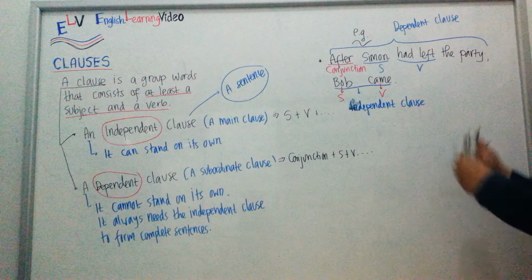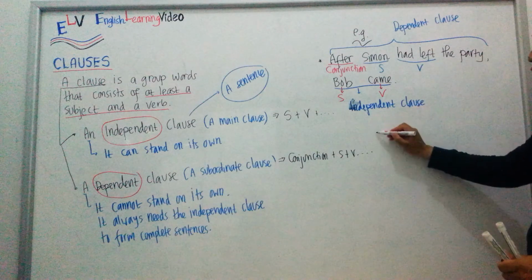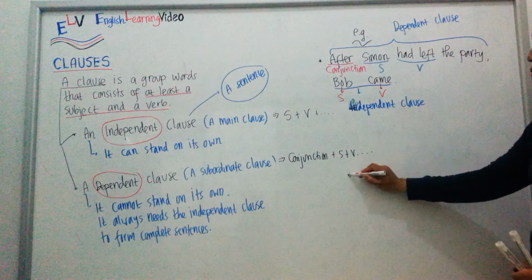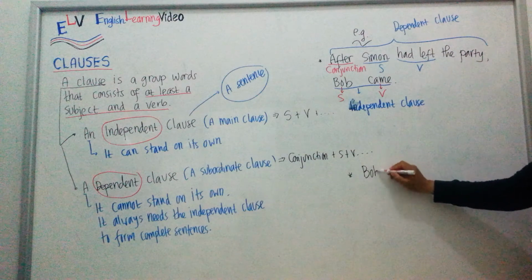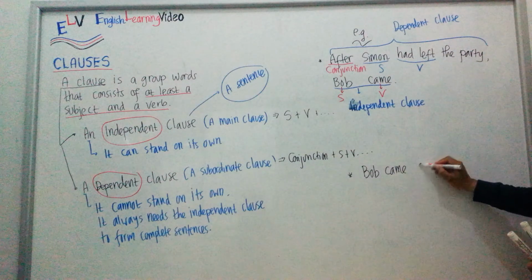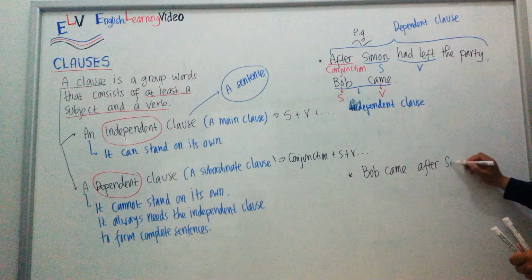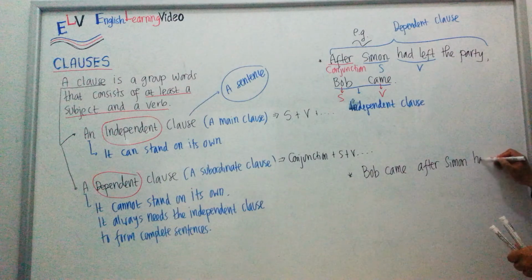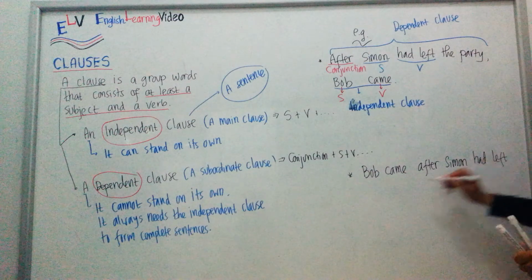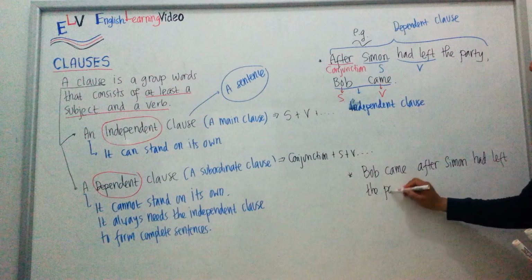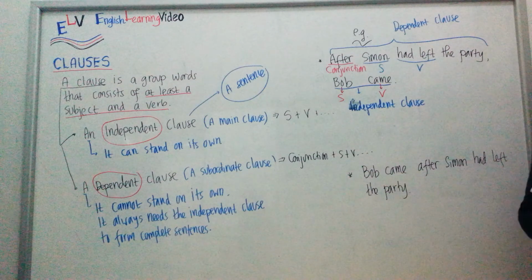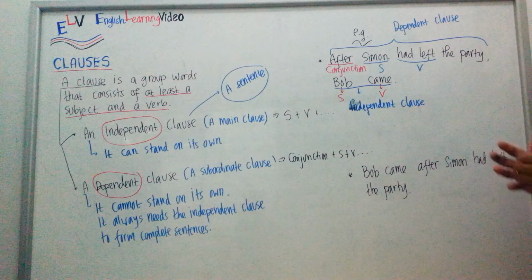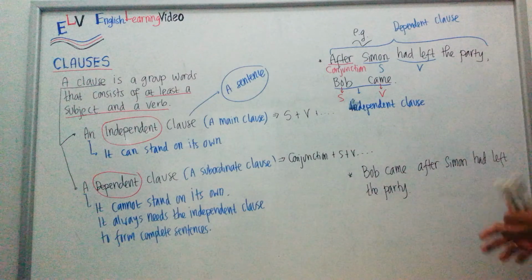Alright? So if you change the position, Bob came after Simon had left the party, the meaning is just the same. The difference is that you just switch the position.